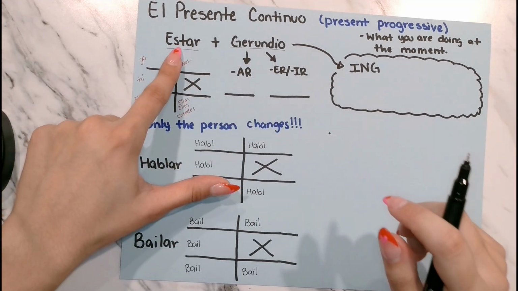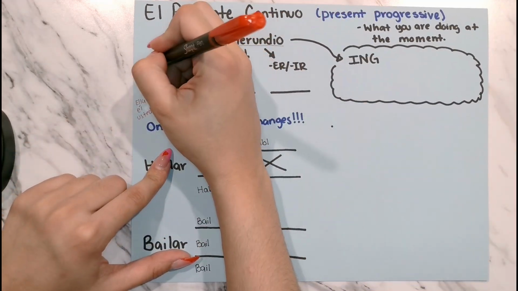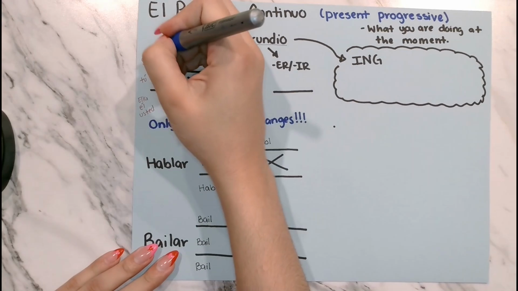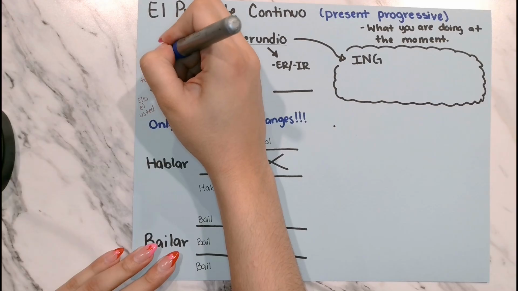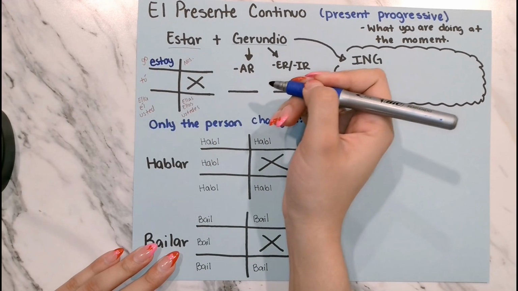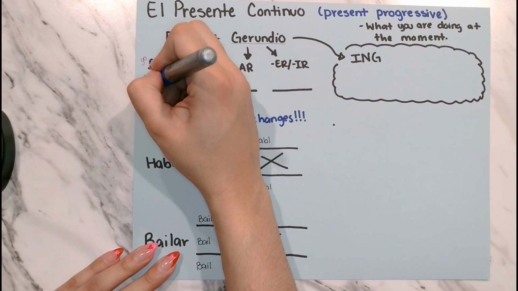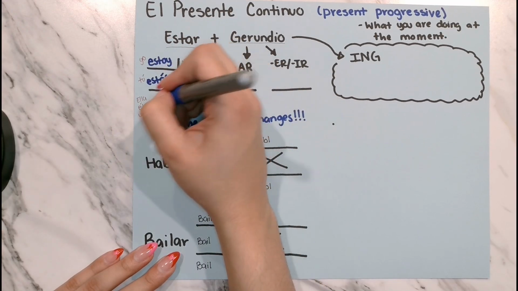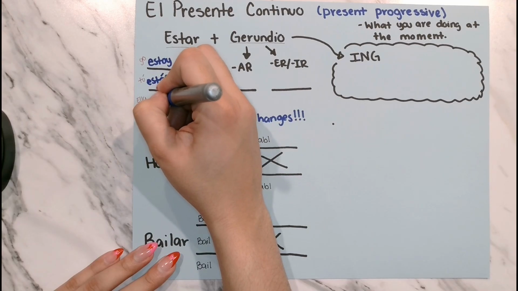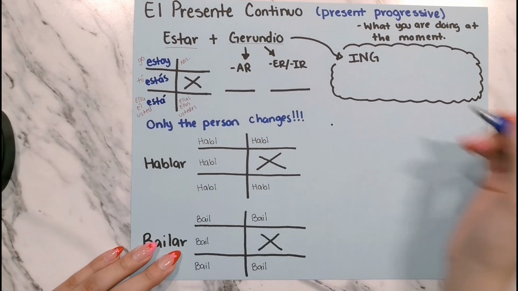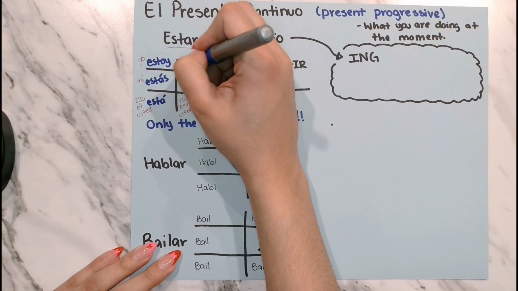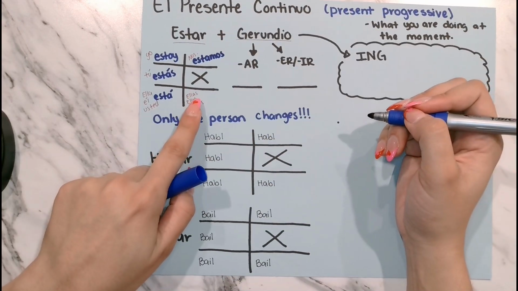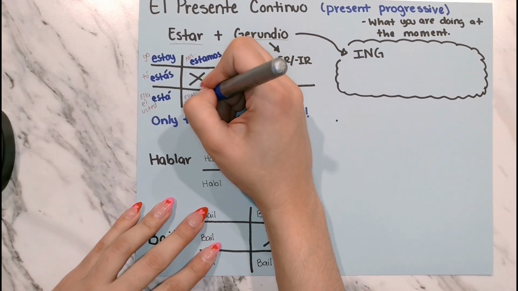When we conjugate estar, the first one is going to be estoy. Tú estás. Ella, él, usted está. Nosotros estamos. Ellos, ellas, ustedes están.